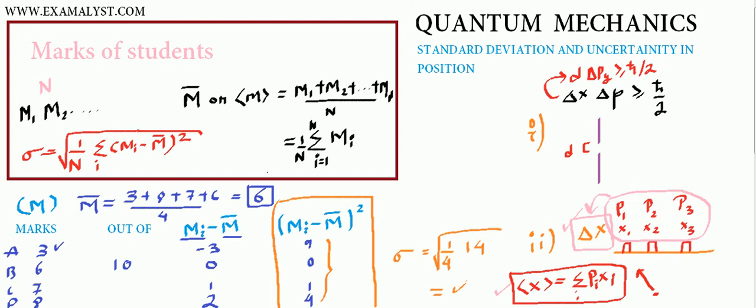If you are measuring the uncertainty in position, it means the spread in all the values of position, how the values of x have spread in the entire system. The spread in their values is actually the uncertainty. In the next lecture, we'll look at the standard deviation and the uncertainty in more detail.